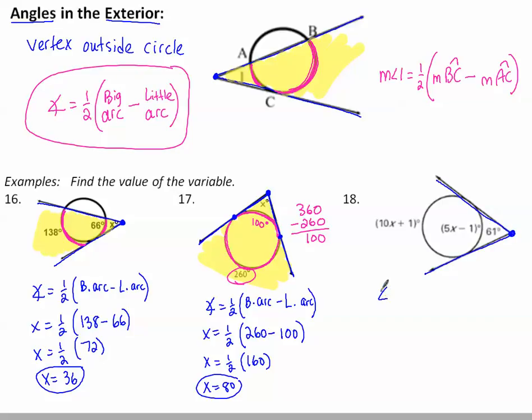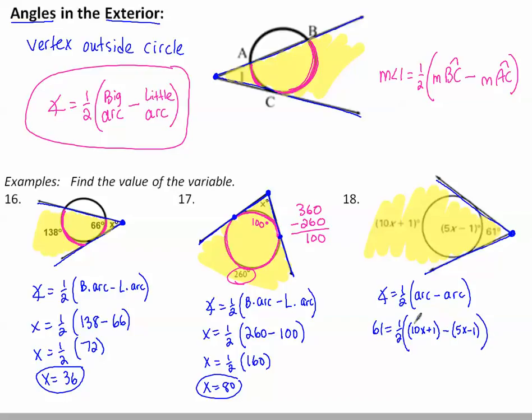Angle in the exterior, angle equals half of big arc minus little arc. Really, we can just say arc minus arc, but it's good to think big minus little. So we take our flashlight and shine, and then fill in the blanks. The angle says 61, half of, the bigger arc is this one, 10x plus 1. We need more parentheses here, 10x plus 1, minus 5x minus 1 is the little one.